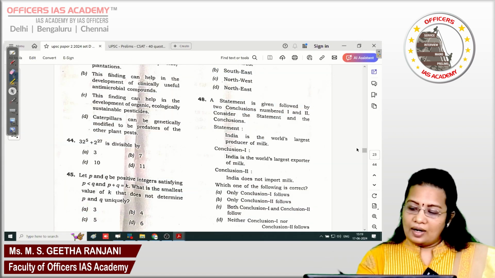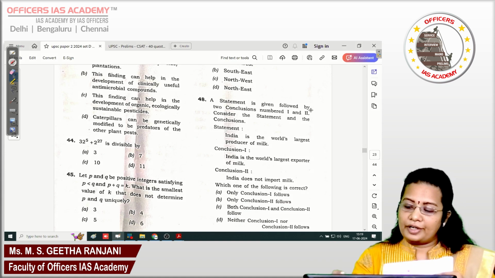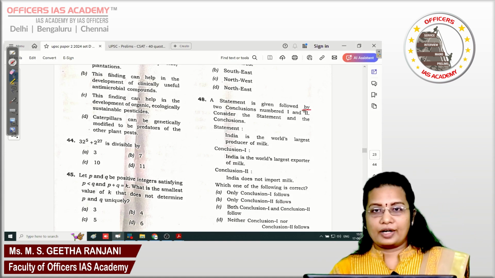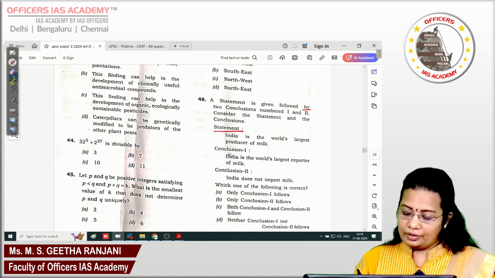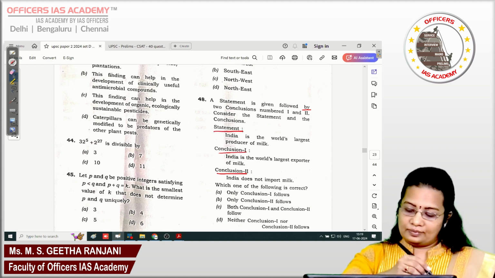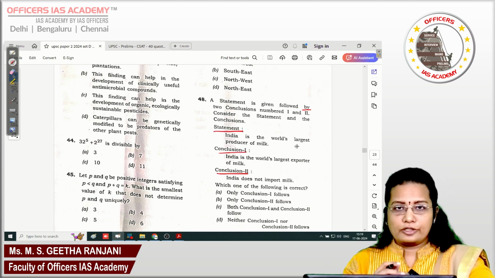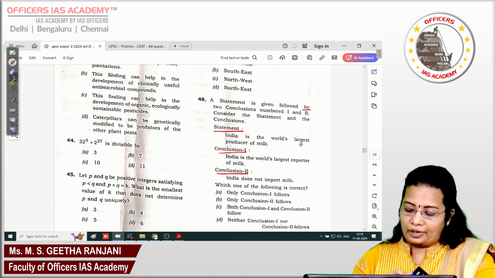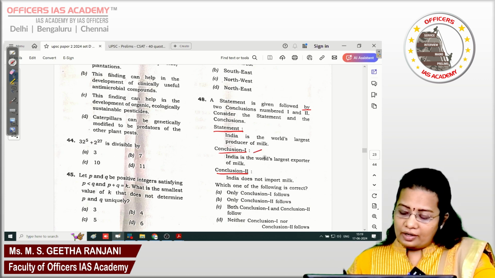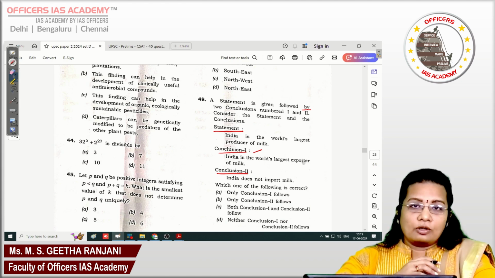Next question. A statement is given followed by two conclusions numbered 1 and 2. So here one statement and two conclusions are given. India is the world's largest producer of milk. Okay, this is the statement. Conclusion 1. India is the world's largest exporter of milk.